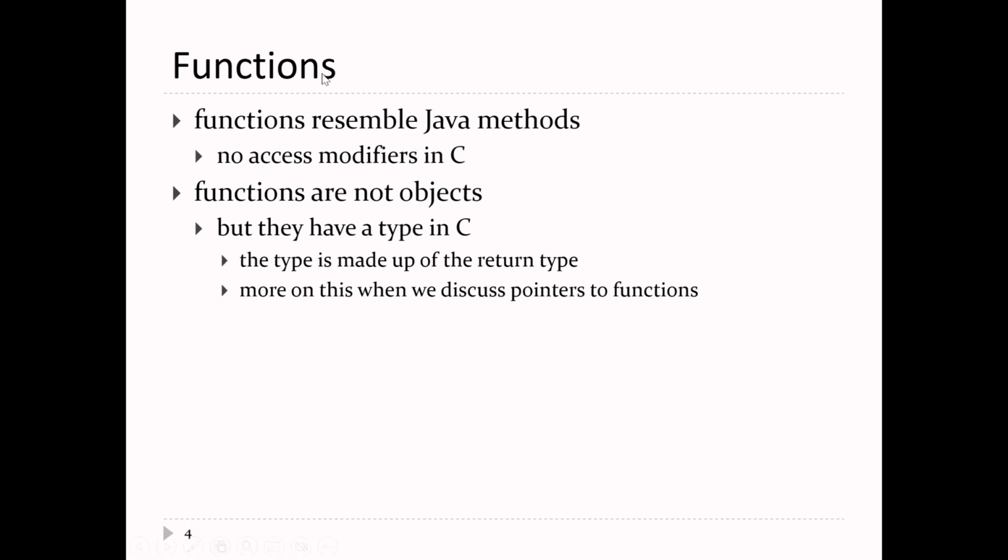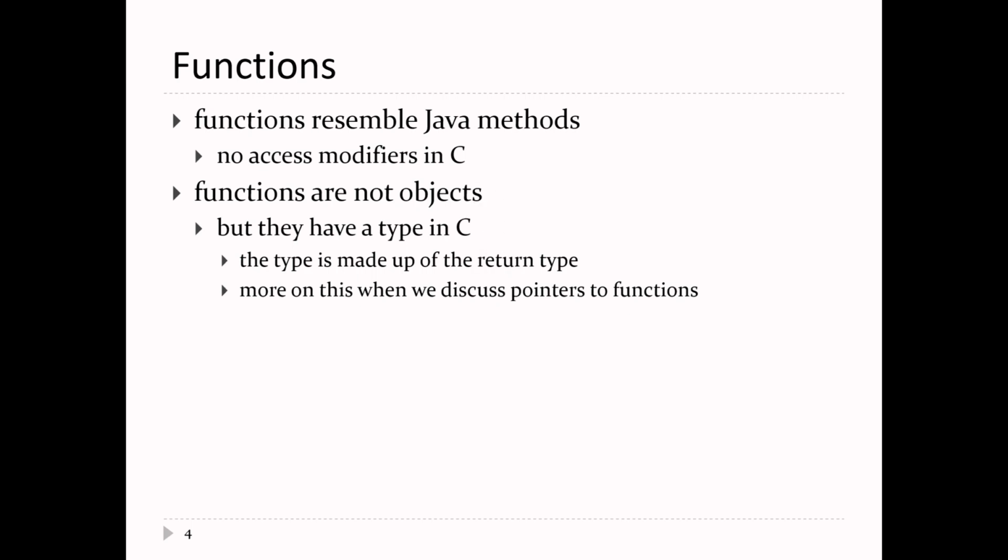C has functions. They resemble Java methods, but there are no classes or access modifiers in C. The language standard does not consider a function to be an object. But curiously, in C, a function has a type.